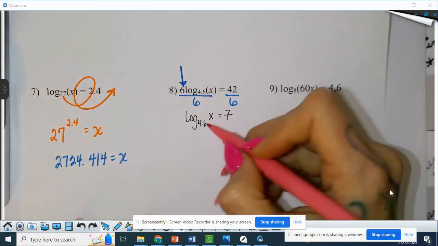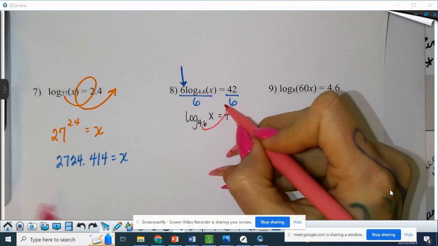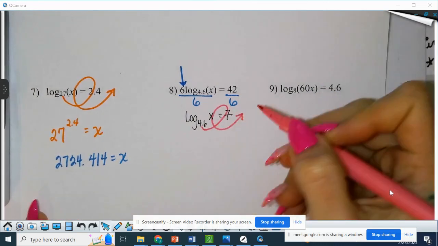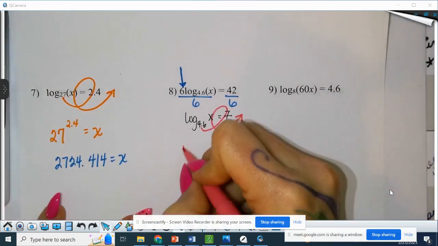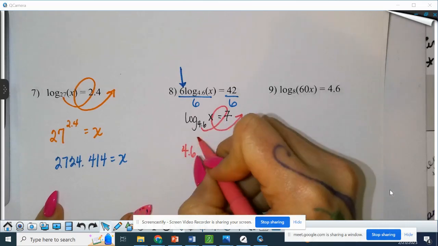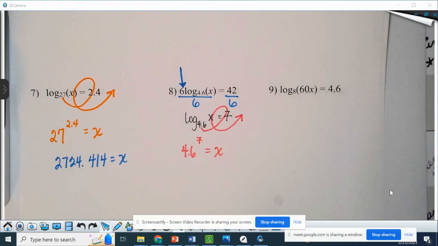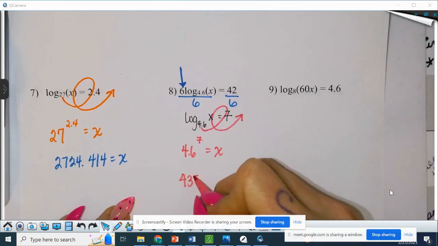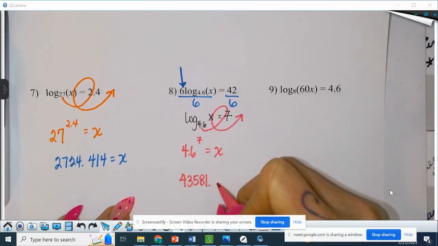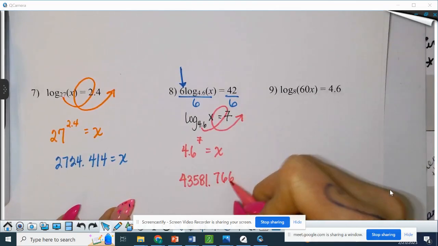Grab our base, grab our exponent, out with our output. So 4.6 is the base, raised to a 7 equals x. Go straight to your calculator. And we should get 4, 3, 5, 8, 9, lots of numbers, is x.